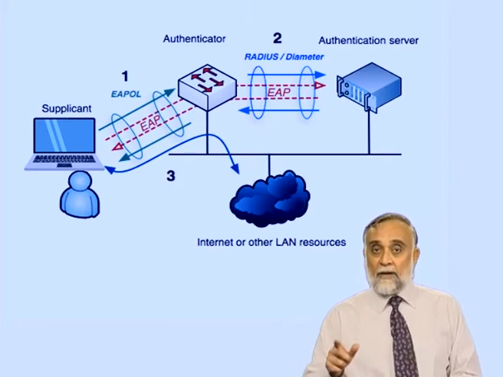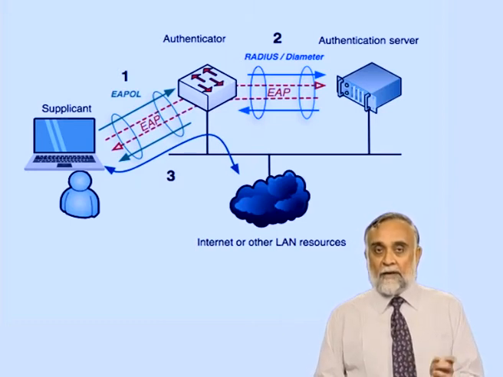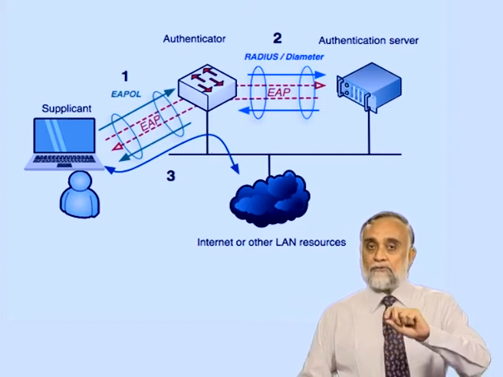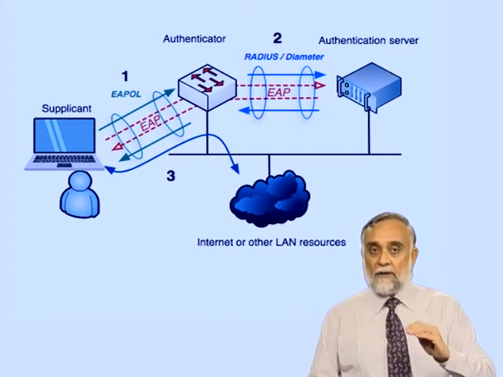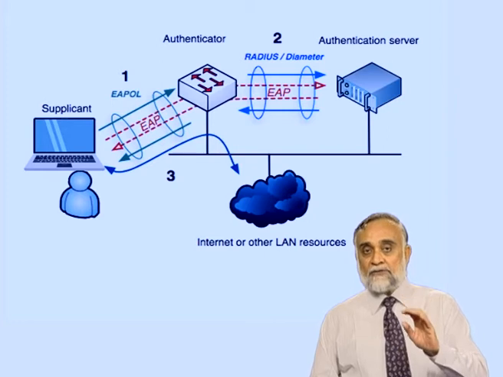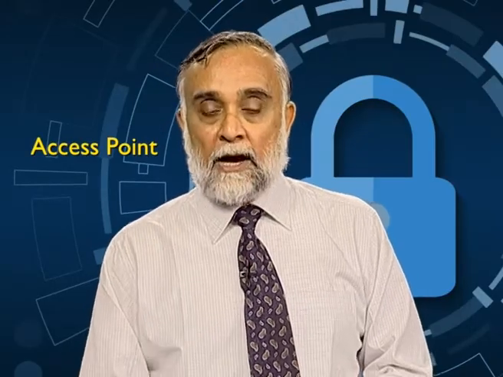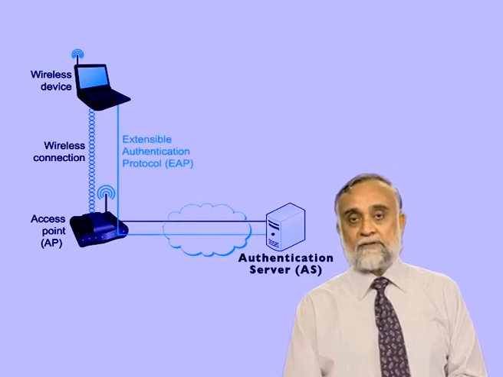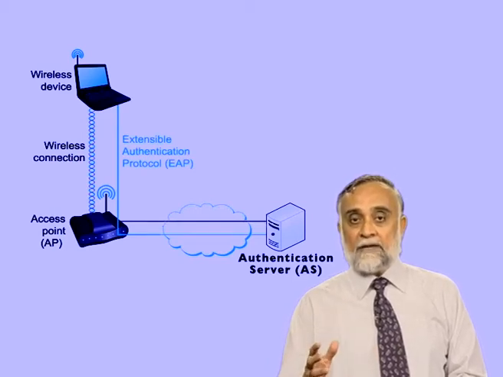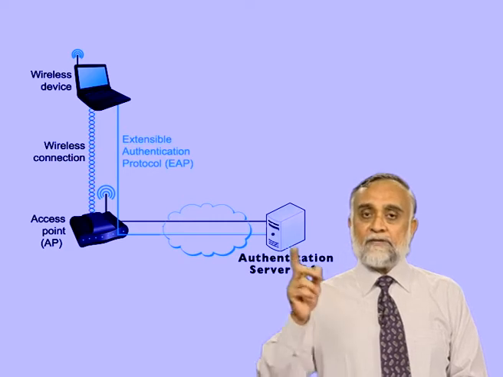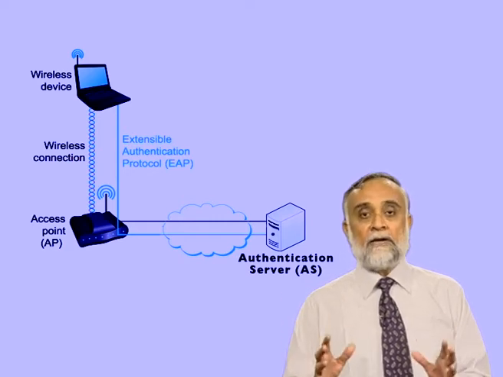The term supplicant is also used interchangeably to refer to the software running on the client that provides credentials to the authenticator. Access point, a network device which authenticates the client. The access point is also known as the authenticator.